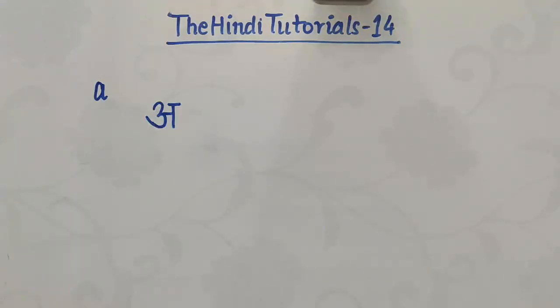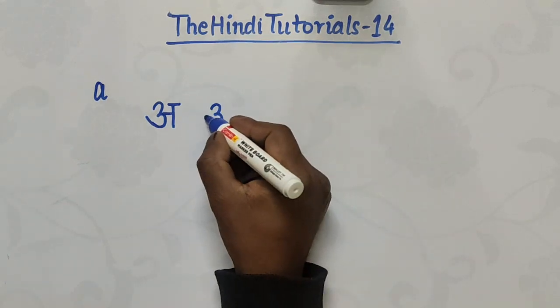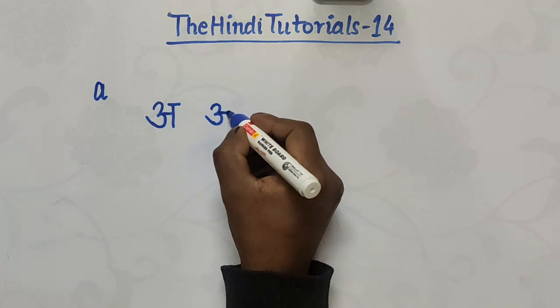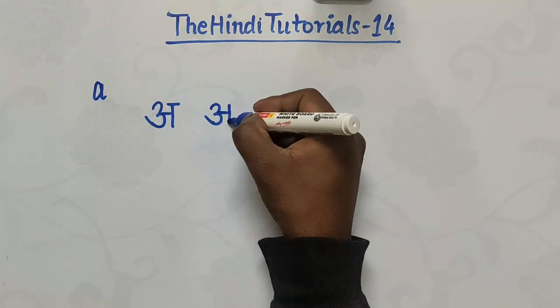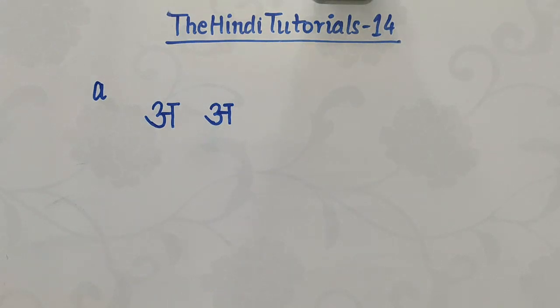Easy. ठीक है. Let's try once more. A 3, elongate the lower end, a horizontal line, a vertical line, and then the Shirorekha. This becomes the first vowel of Hindi, A.